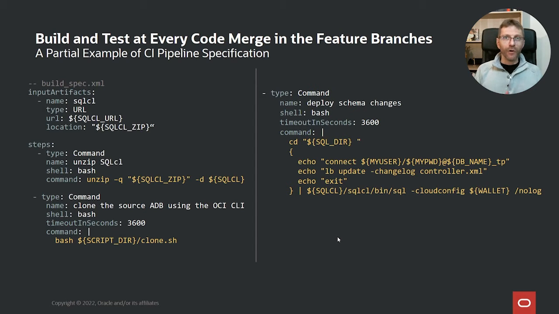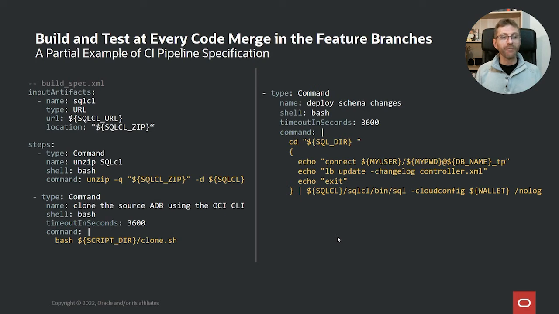Then once you have the clone operation and the deployment operation, we have to put everything inside the pipeline. In this example, we are seeing the build pipeline, so the continuous integration pipeline. It will have an artifact that specifies the path to SQLcl, because we need SQLcl inside our building container.